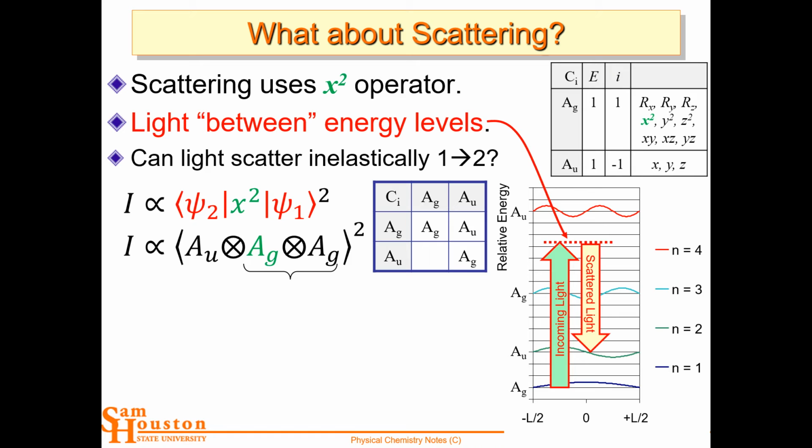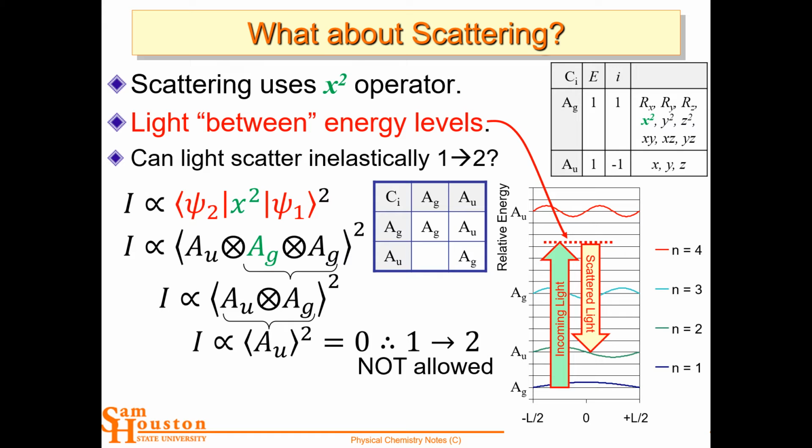So AG times AG is right here, and that's going to give us AG, and then AG times AU is going to be AU. So the integral of an odd function is 0. And so then we're going to have a forbidden transition. That doesn't mean that scattering is not allowed, but it's not allowed from 1 to 2.